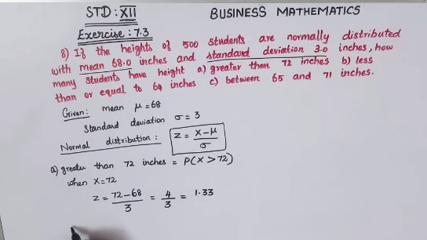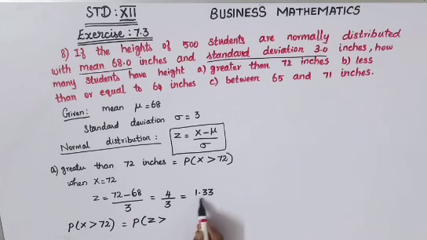So now P of x greater than 72 you can convert as P of z greater than this value. When x is 72, we have got z as 1.33. Therefore, in the place of x you replace z, greater than as it is, and in the place of 72 we give 1.33.